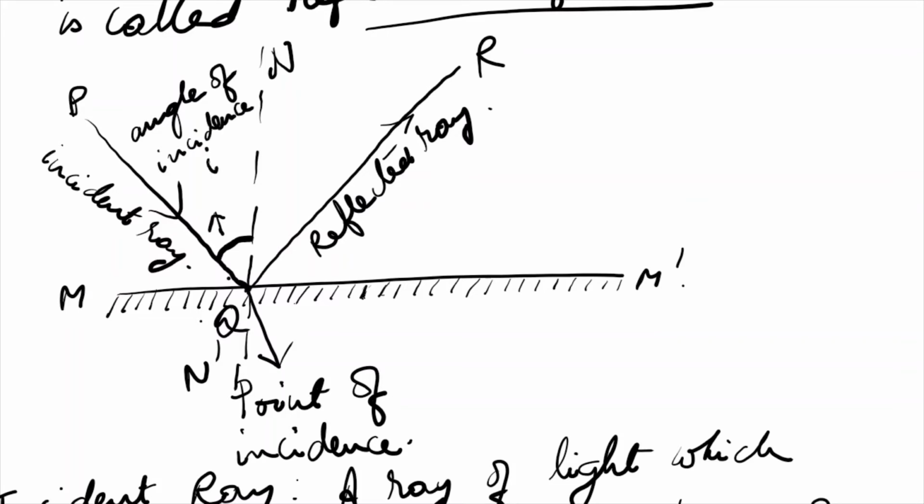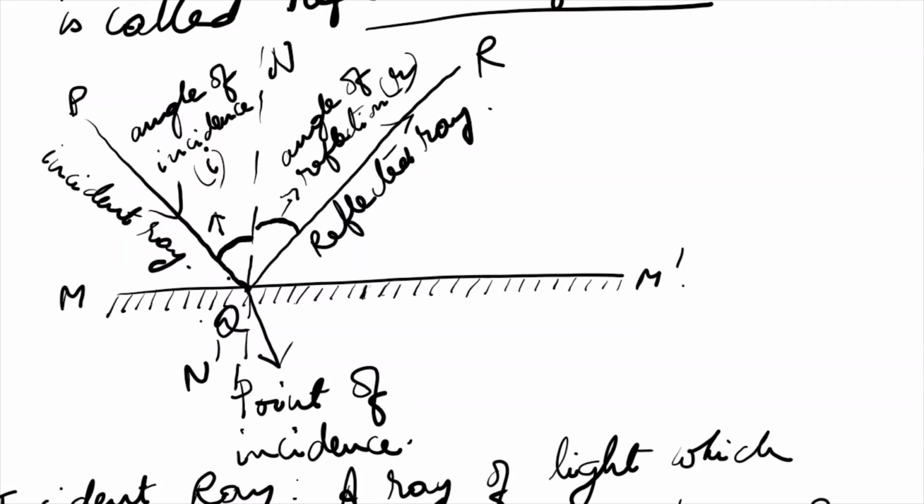We denote it as small i. And the angle of reflection is the angle between the reflected ray and the normal, denoted by small r.